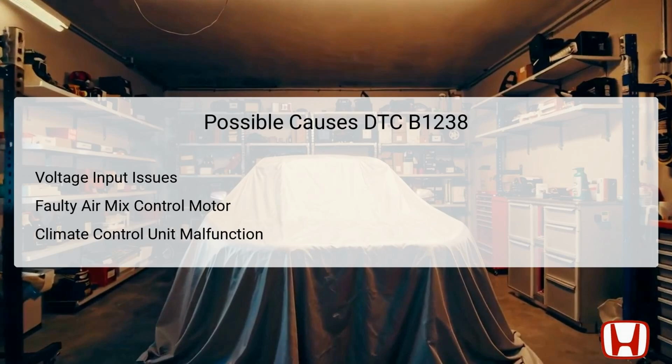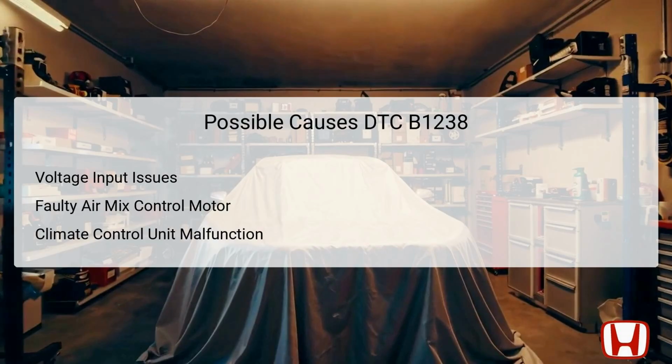Firstly, there might be issues with voltage input to the passenger's air mix control motor, potentially due to damaged wiring or poor connections. Secondly, the passenger's air mix control motor itself could be faulty, meaning it may not be functioning correctly in regulating airflow. Finally, a malfunction within the climate control unit might also be the culprit.